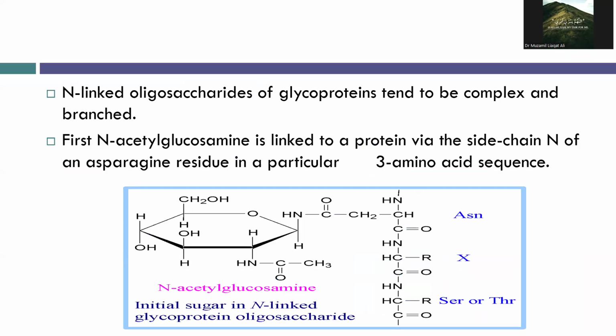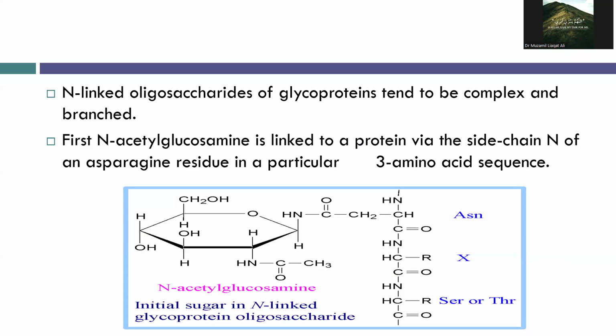N-linked oligosaccharides are usually more complex and branched than O-linked ones. The process begins with the attachment of N-acetyl-glucosamine to the amide nitrogen of asparagine within a specific 3 amino acid consensus sequence, that is asparagine, X, serine or threonine.